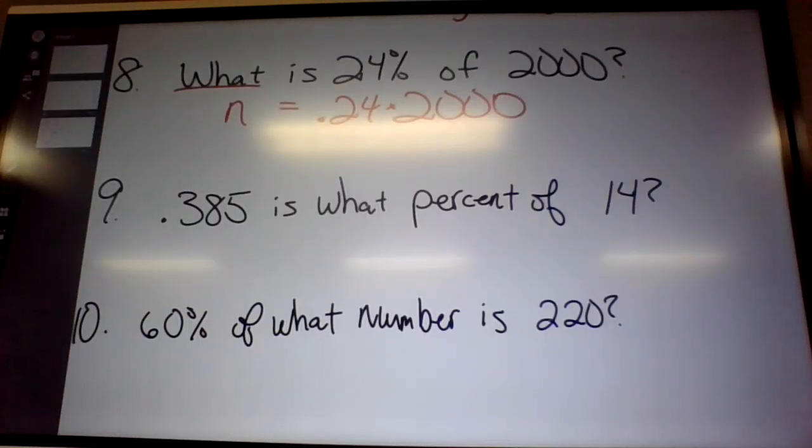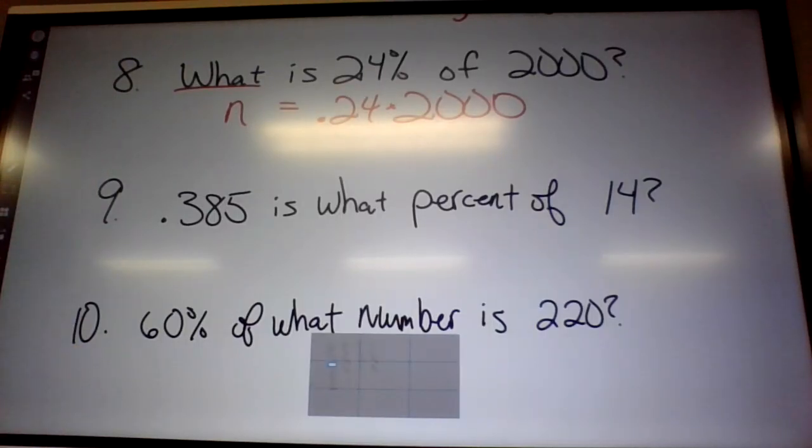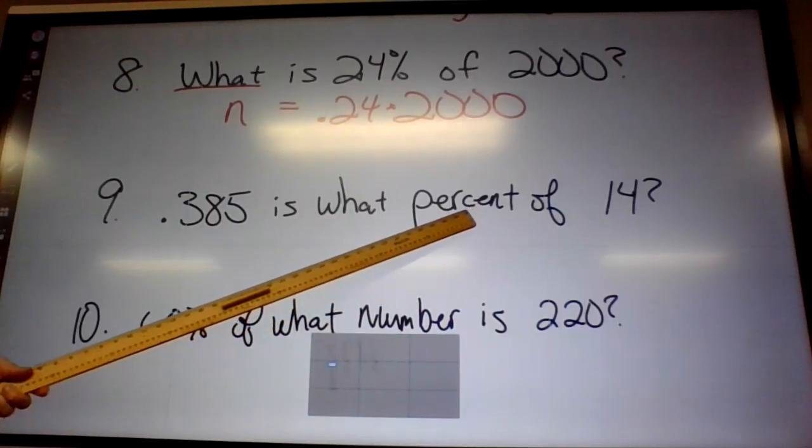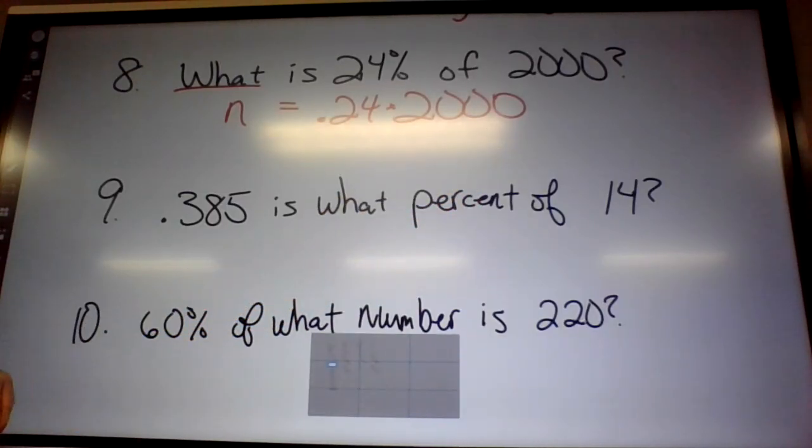Okay, I didn't write the directions down, but if we have to round, we're supposed to round to the hundredth place. What's the hundredth place? Second decimal place. And if it's a percent, like number 9, we're supposed to round to the nearest whole percent, so the ones place on the percent.